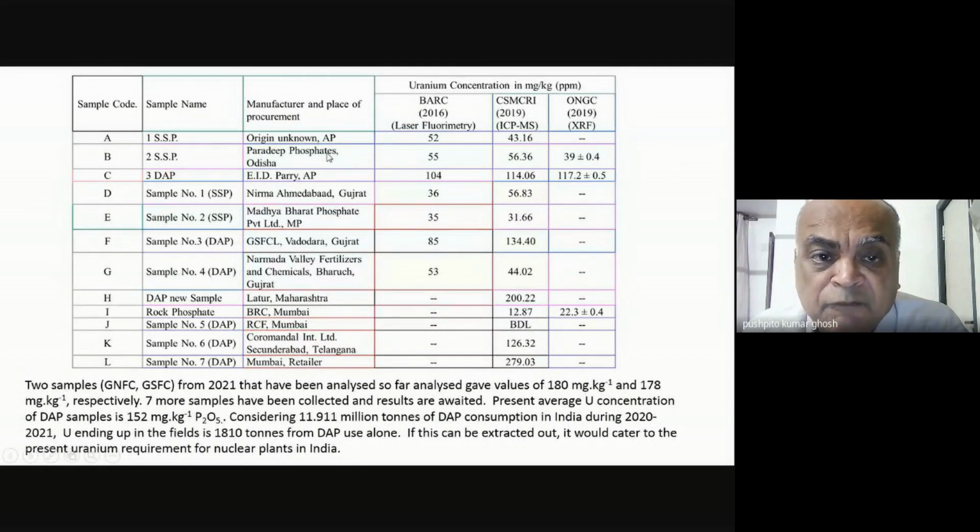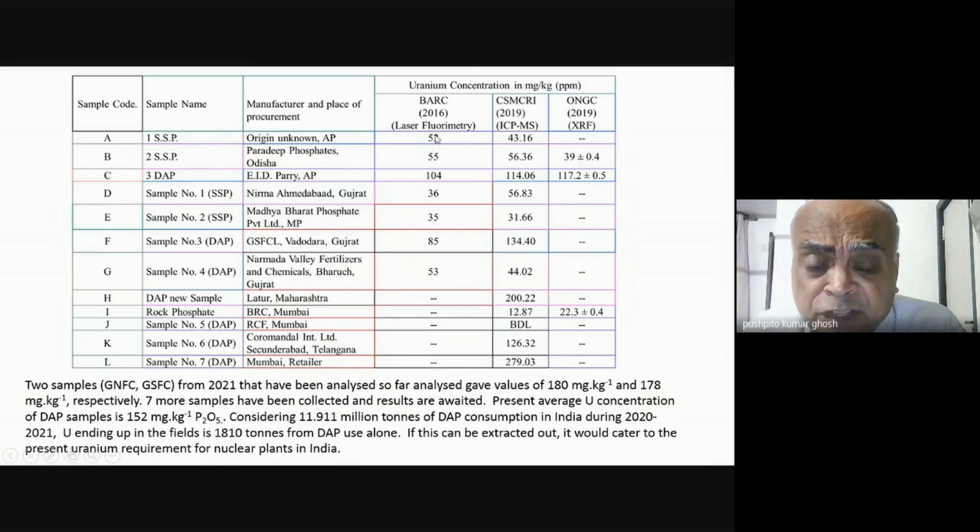Whereas DAP has roughly 3 times the amount of P2O5, and that explains it. Like 50, if you multiply it by 3, it will be about 150. So proportionately they are about the same, and that's why the DAP fertilizers have higher concentrations.